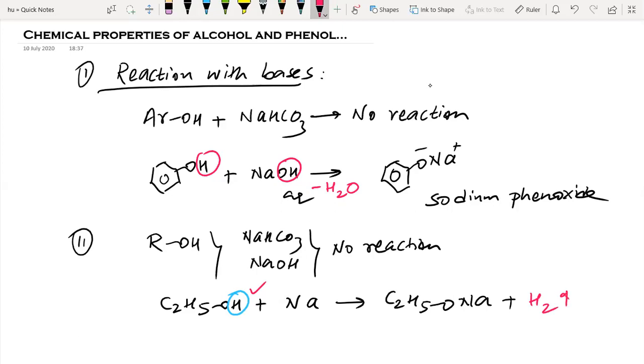To balance this, as hydrogen is 2, you have to write 2 molecules of alcohol. While balancing this, again we write 2 on the right side. And finally, as sodium is 2 now, we write 2. So now this reaction is balanced and sodium ethoxide is formed, which I can show here with charges, minus.